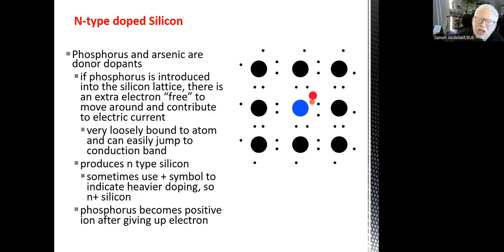And that means your material now is turned to be what we can call an N-type material. Why is it an N-type material? Because in this case, the number of electrons in the conduction band is greater than the number of holes in the valency band. Based on that, if you remember, Fermi level is an indicator.